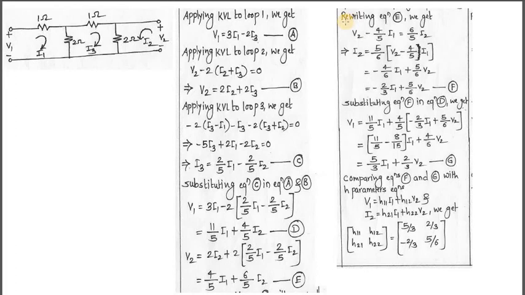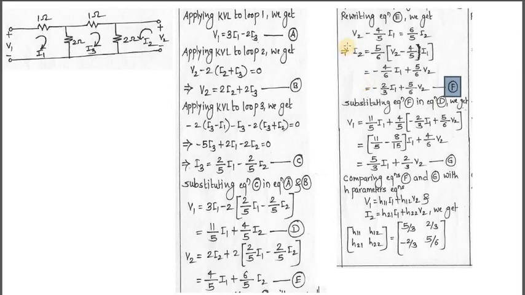We have to rewrite the equations to get the h parameters. What I have done over here is, I rewrite the equation E so that I get I2 in terms of I1 and V2. Now let's name this equation as F.